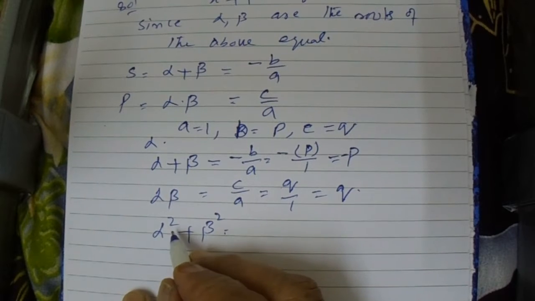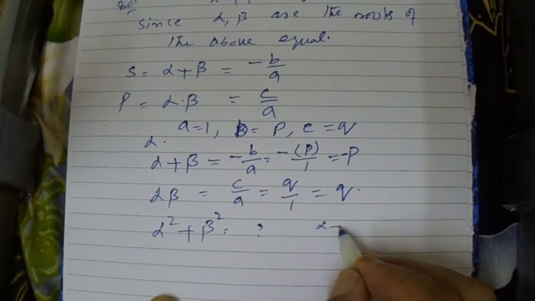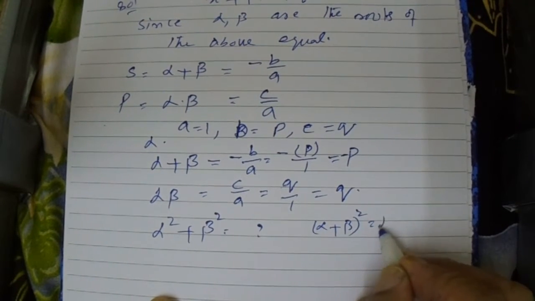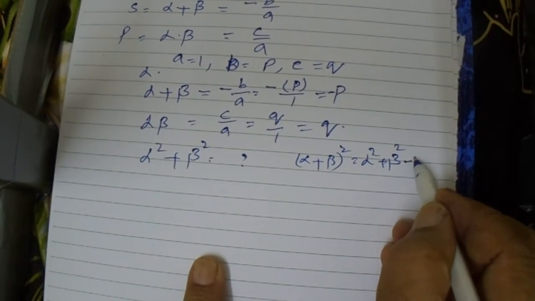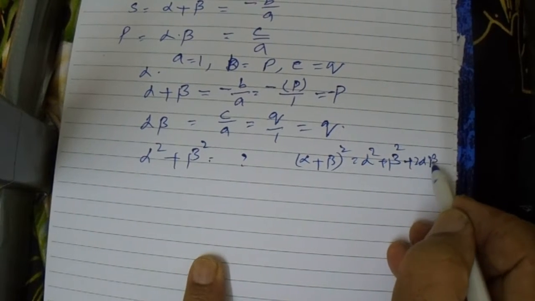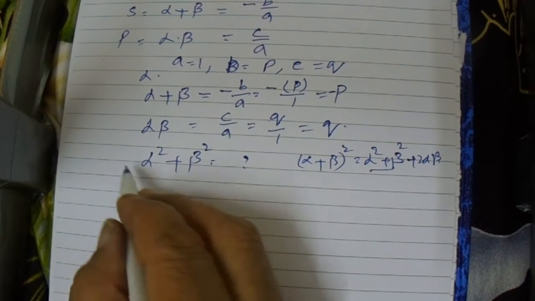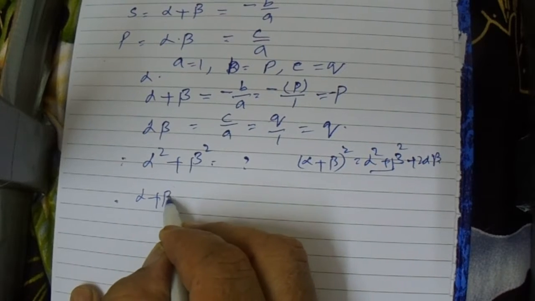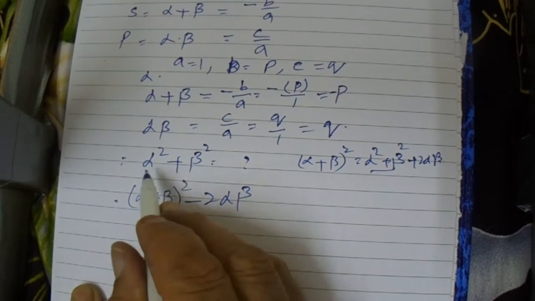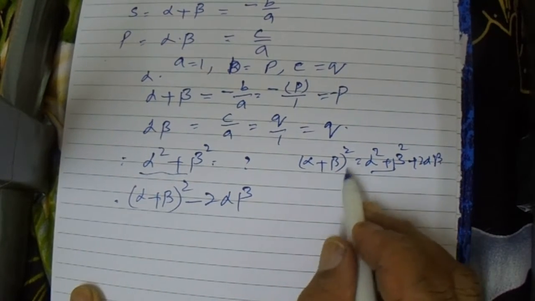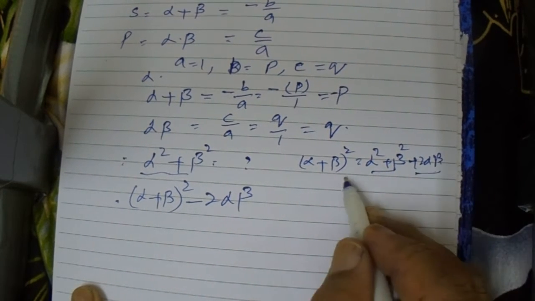Now we have alpha square plus beta square. Now we want to evaluate the value of this. We know that alpha plus beta whole square is equal to alpha square plus beta square plus 2 alpha beta, and the 2 alpha beta we shift to the other side.